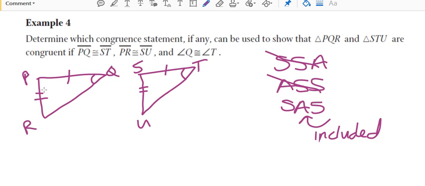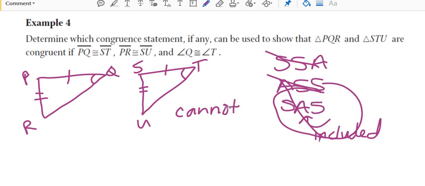We have two congruent sides and a congruent angle, but that angle is not the included angle between the two given sides. So because this is not side, angle, side, we cannot prove that these two triangles are congruent based on the information that we have. So we cannot prove they are congruent.